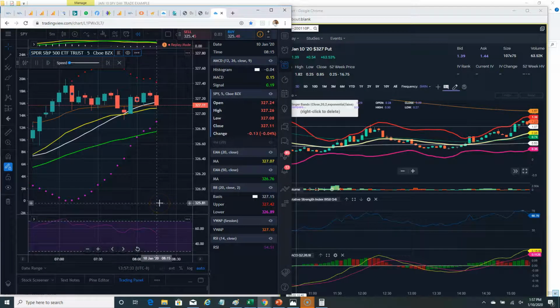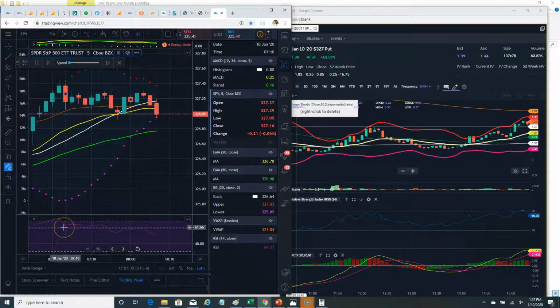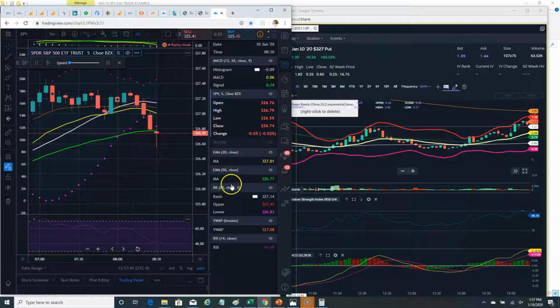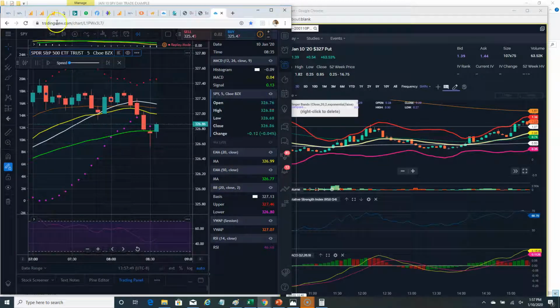This next one at 8:15 is testing the exponential moving average. Now it's actually on the lower Bollinger, but it's testing the support at the 50 exponential moving average, which it dropped below. So let me stop right there.